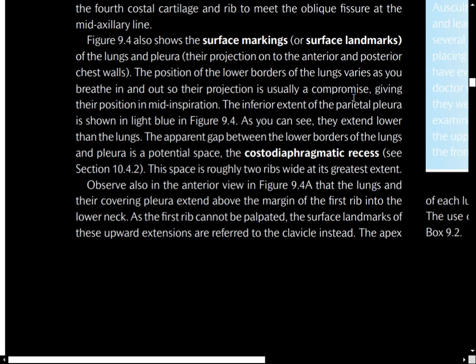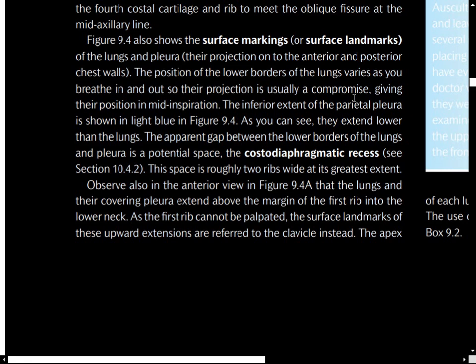The costodiaphragmic recess, the space, is roughly 2 ribs wide at its greater extent. Observe also in the anterior view that the lungs and their covering pleura extend above the margin of the first rib into the lower neck.